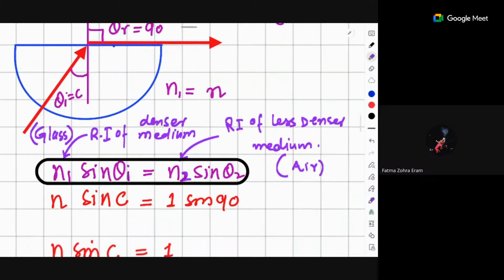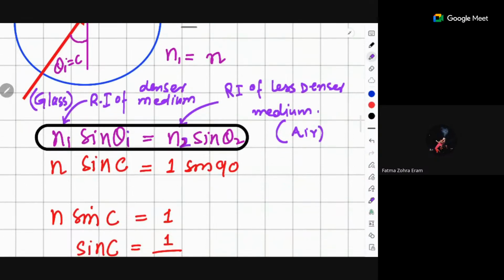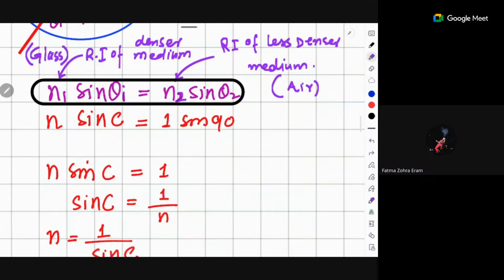So that is why this sine theta 2 is sine 90 degree. So I just replace this value by 90 degree. So once I replaced it by 90 degree, I came to know that n sine c equals sine 90. So what's sine 90? Isn't it 1?